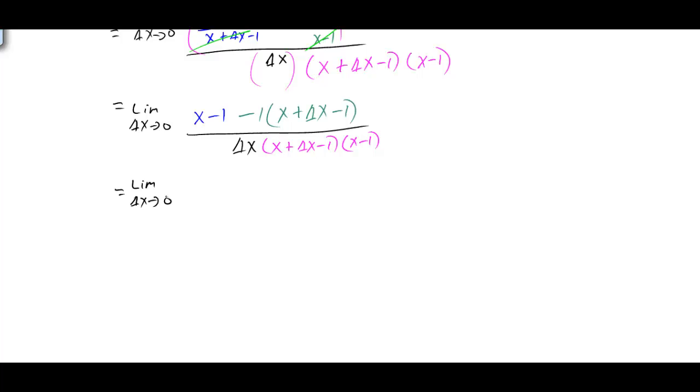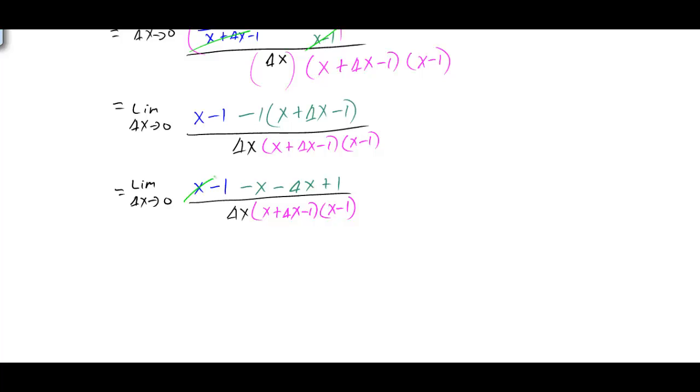And by doing this, we can now distribute, and in the numerator we have x minus 1, and then we have a negative x minus delta x plus 1, and our denominator will remain the same. And once again, the numerator, notice what's going to happen.